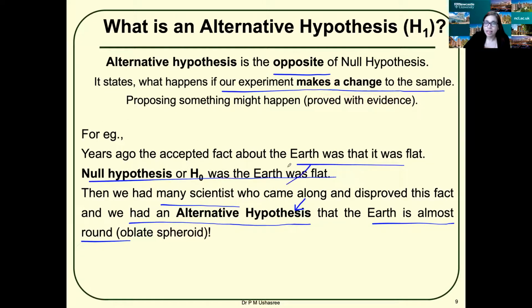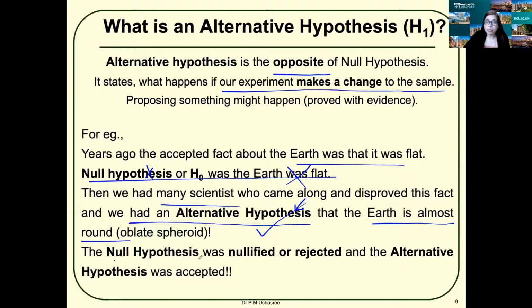We reject the fact that earth was flat. That is, the null hypothesis was nullified in this case, or rejected, and the alternative hypothesis, that earth is almost round, is accepted.